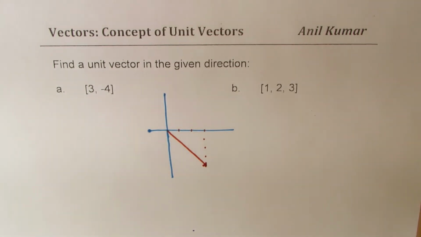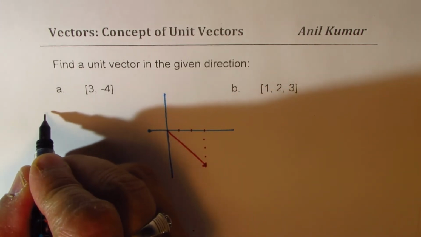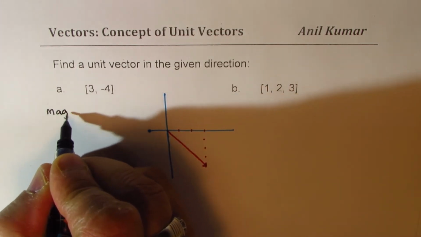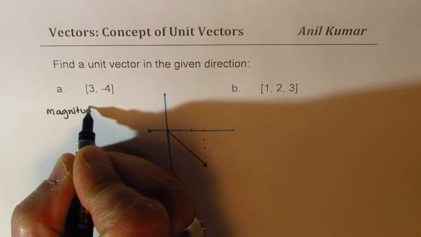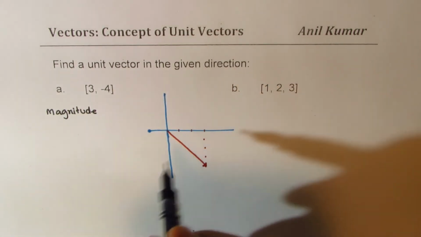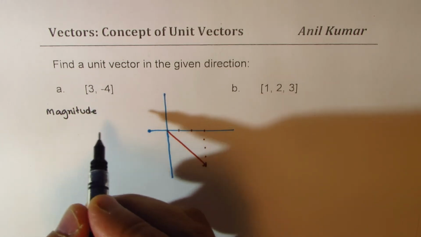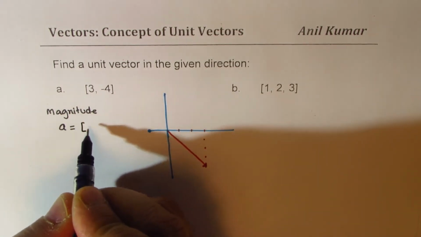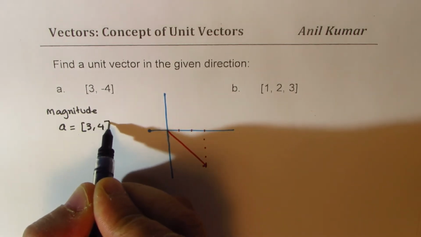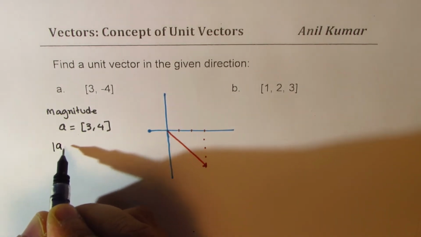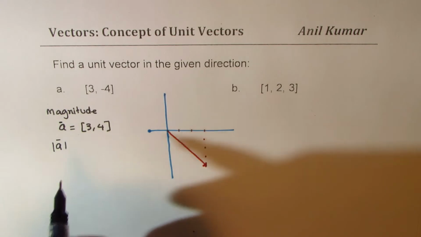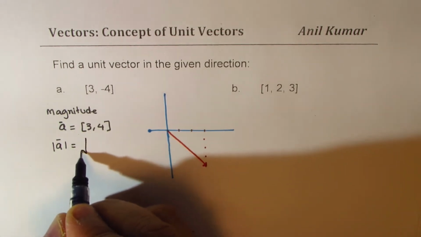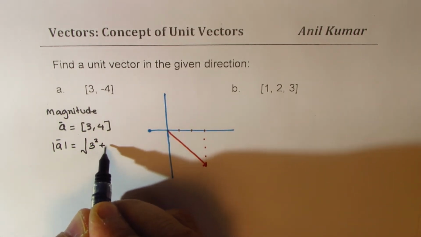Now when we say unit vector, what should we do? We should first find the magnitude of this vector. Right? So let's call this vector A. So let's say vector A is given to us as 3, minus 4, then the magnitude of A, let me write it like this, will be equal to the square root of 3 squared plus 4 squared.